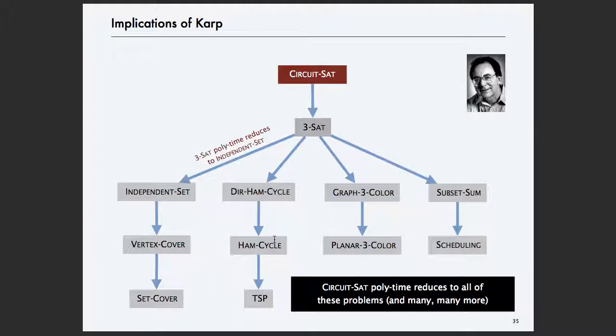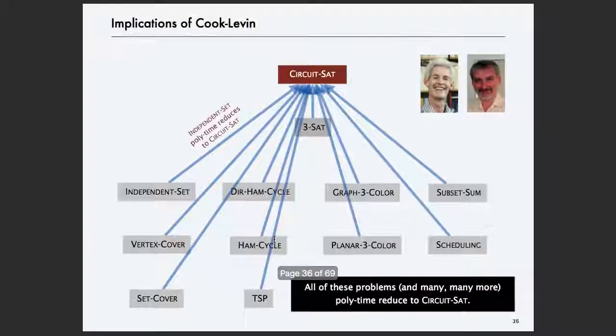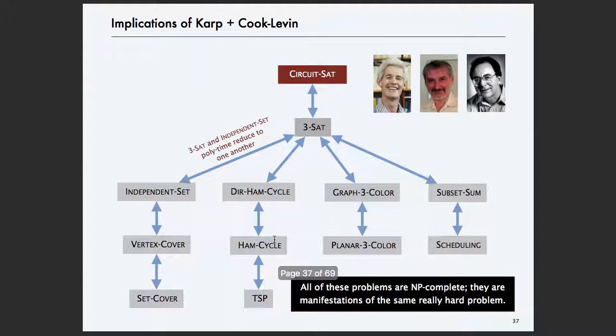So by just getting 3 SAT, we get all of those guys, right? We get everybody that can go from one to the other because they're all NP complete. In a way, they're all the same really hard problem.